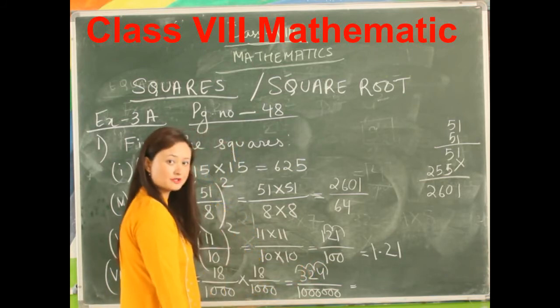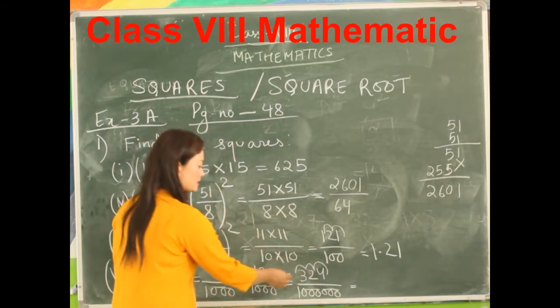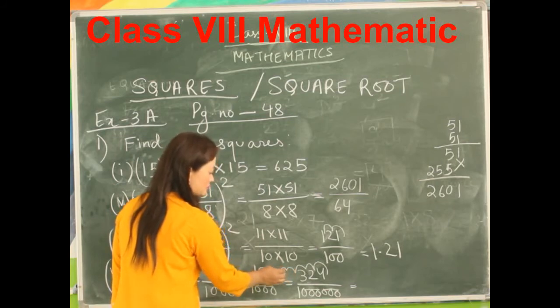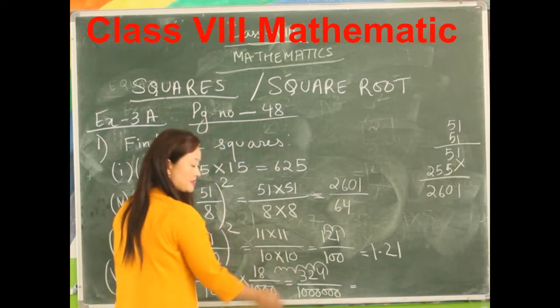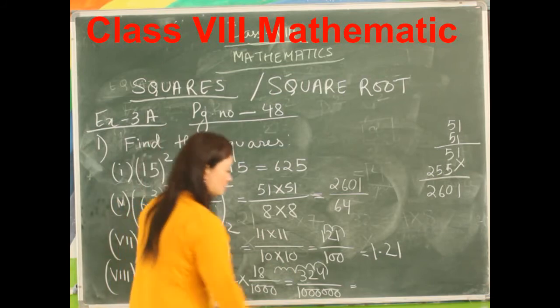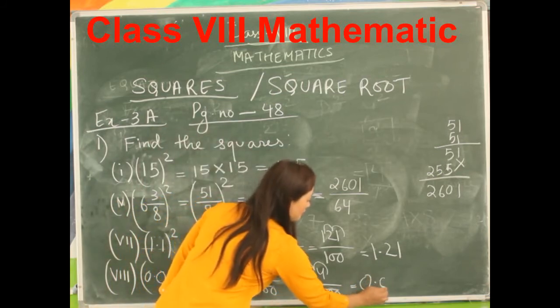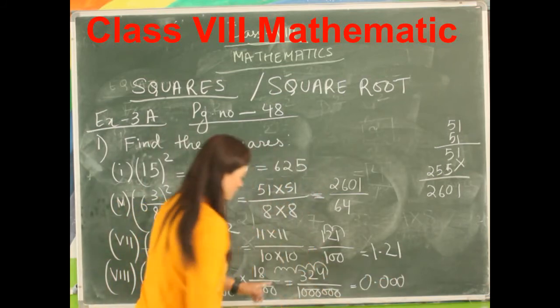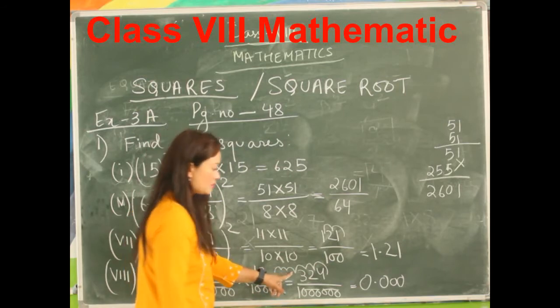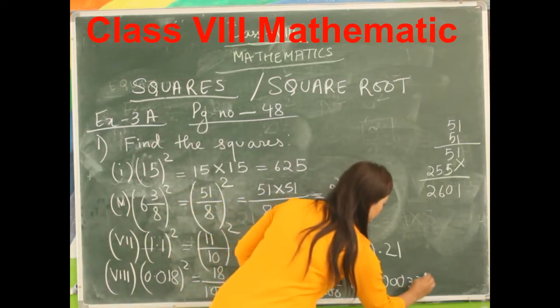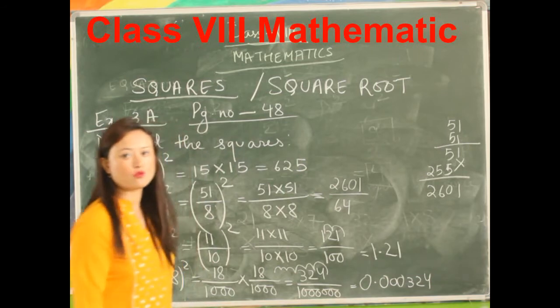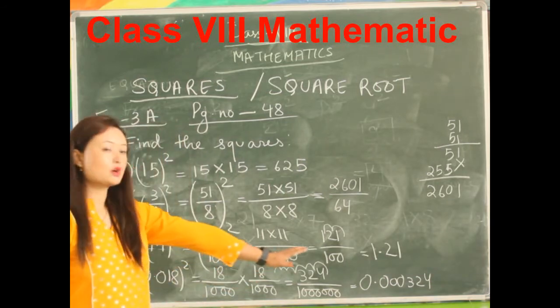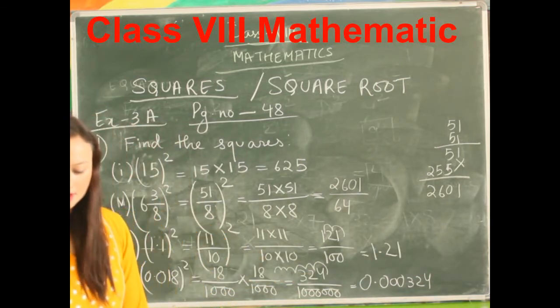Now the digits are over, but still continue. 1, 2, 3. And the blank space that you have, you will be replacing it with 0. So 0.000 with 324. Okay, so this would be your answer.